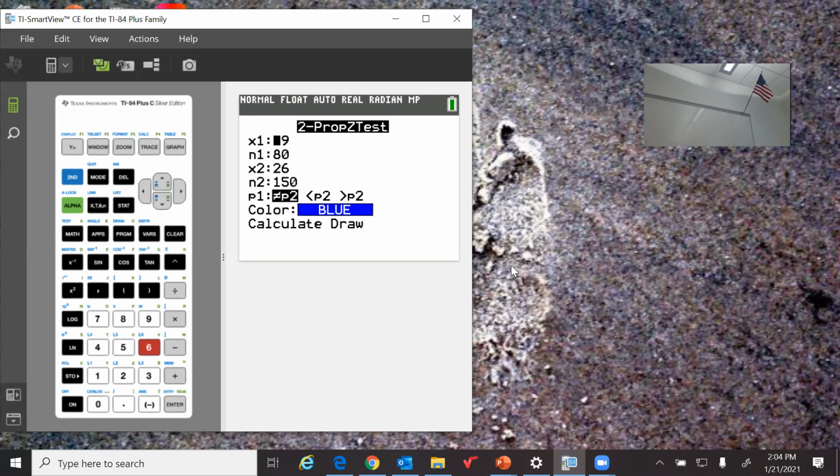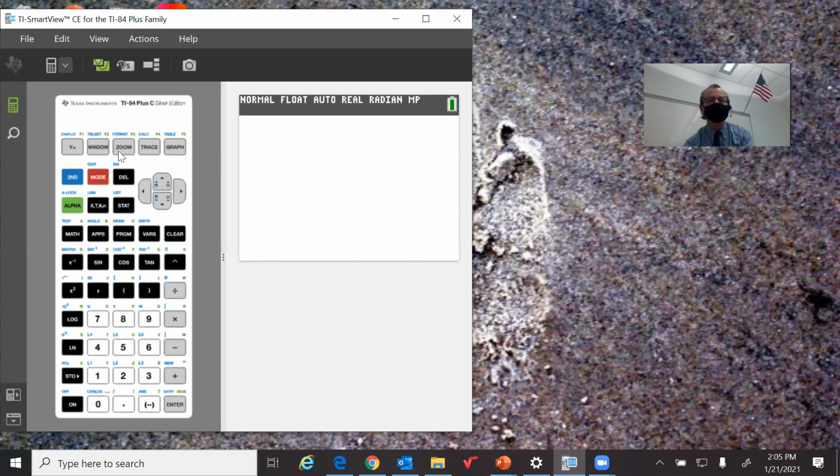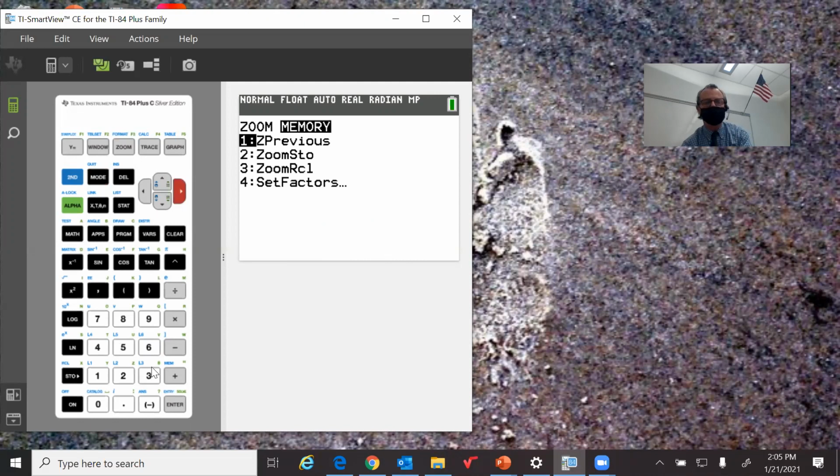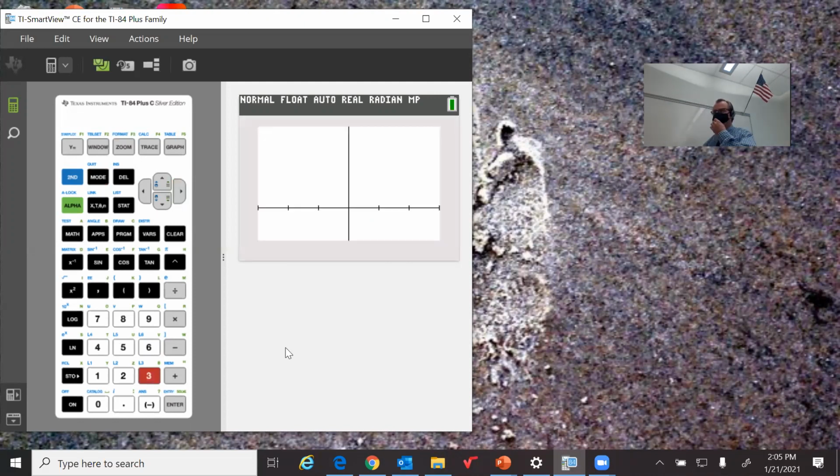You only know that because you wrote the null and alternate. Either the difference is equal to 0, or not equal to 0. Then what? Well, we're going to go here. Second quit. Zoom, memory, recall. And you should have that picture because we stored a window in the fall.